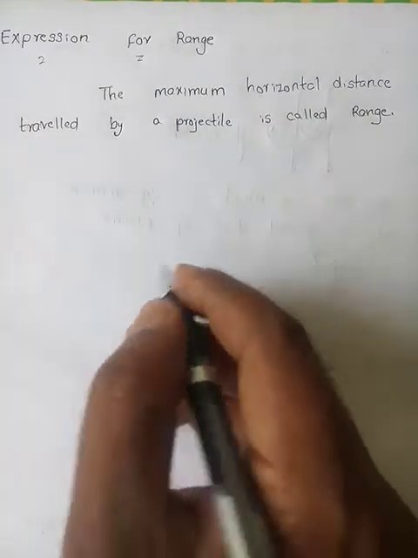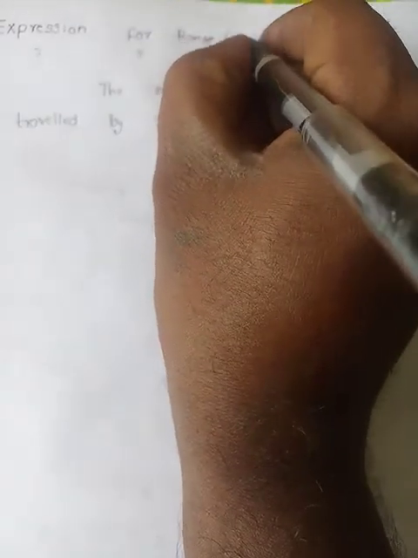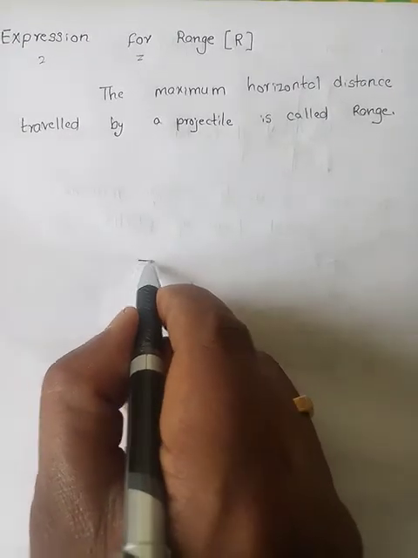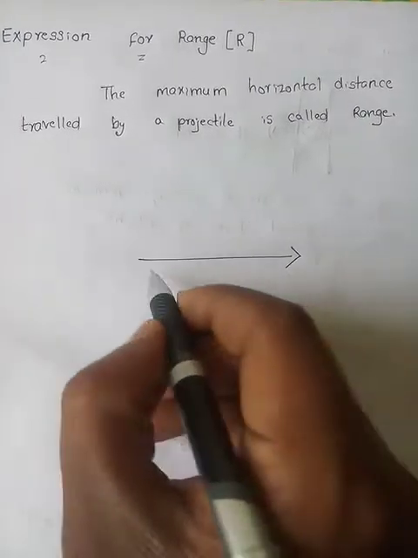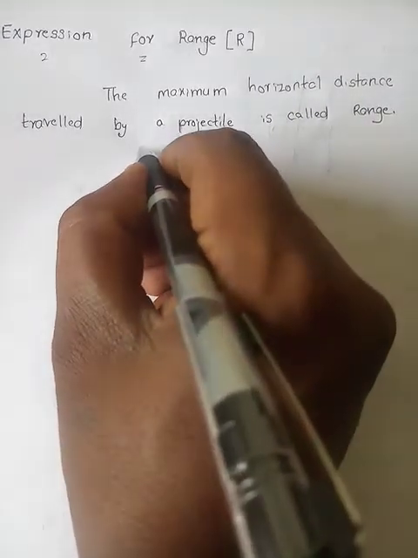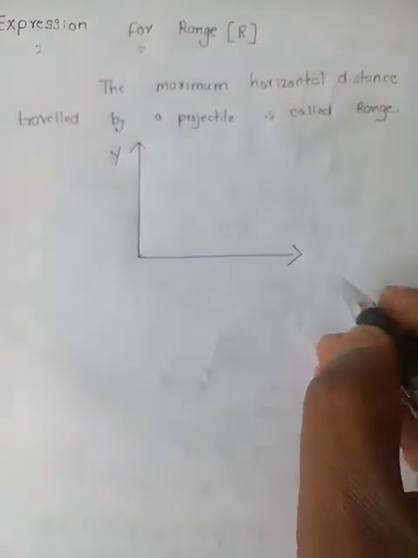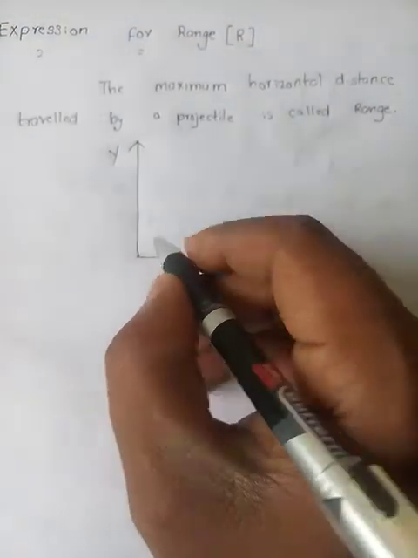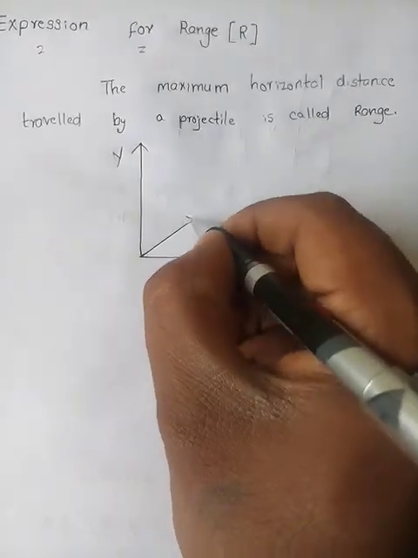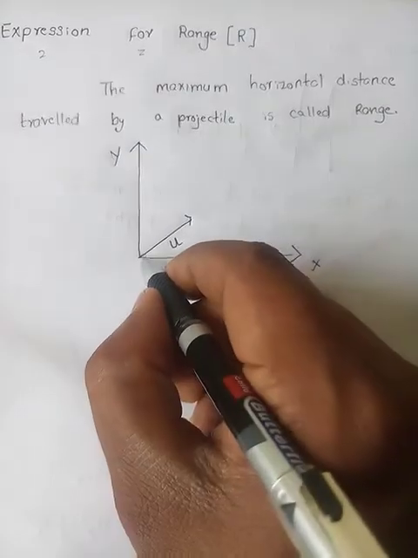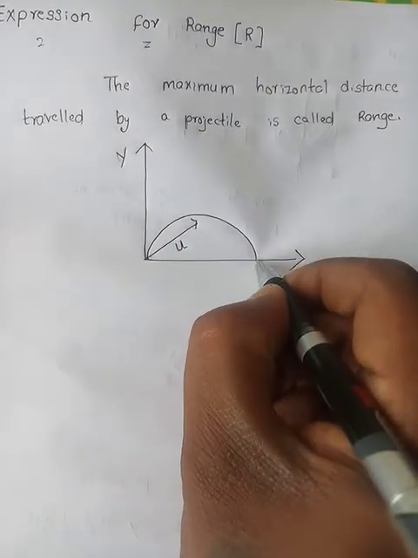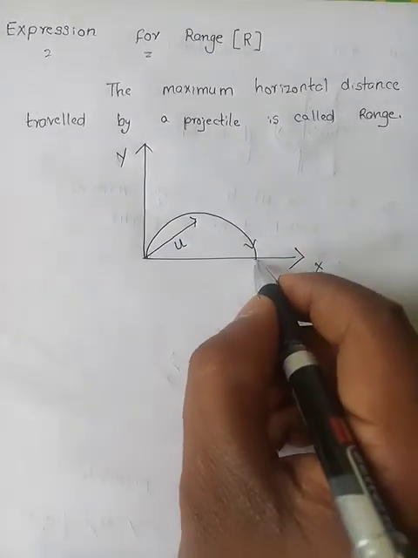It is represented by the capital letter R. So let us take the same thing: y axis, this is the x axis, a body projected with some velocity u, it travels along a path like this.